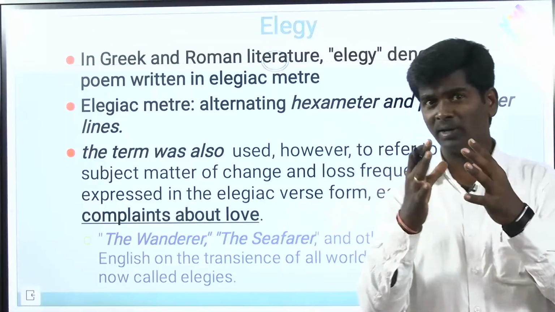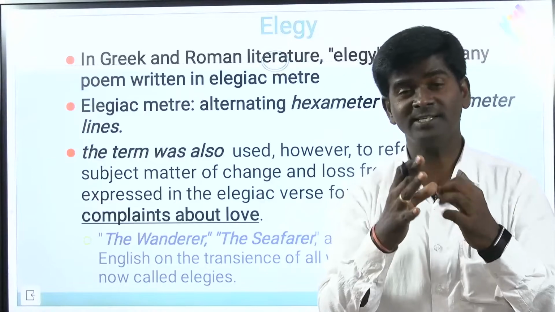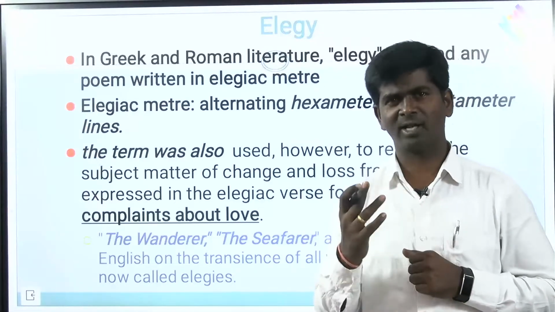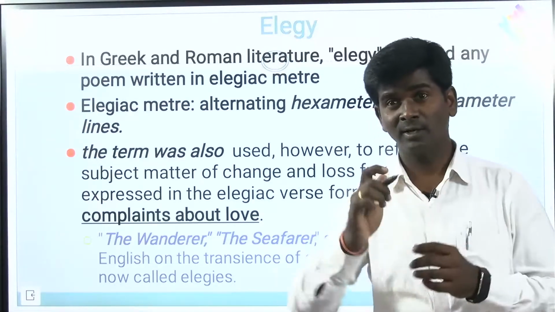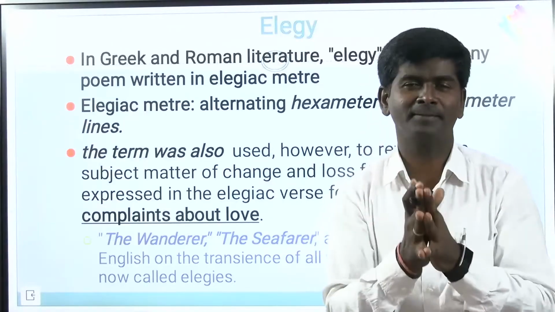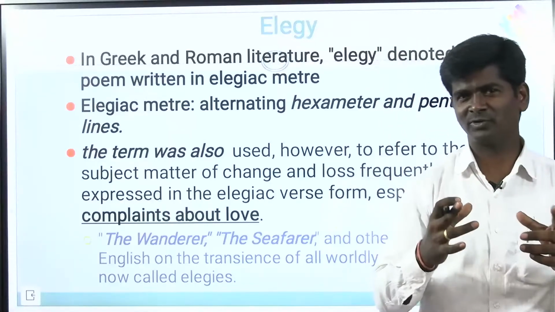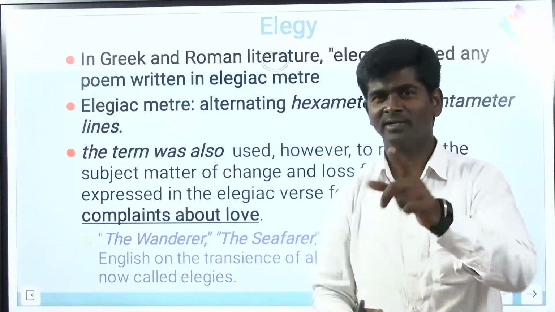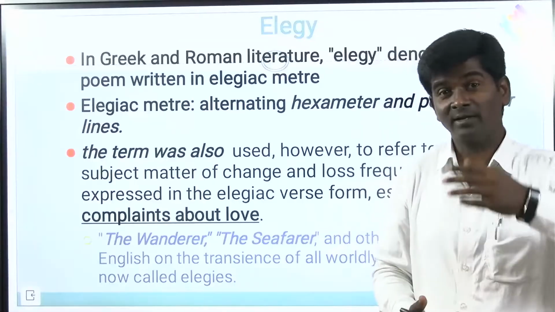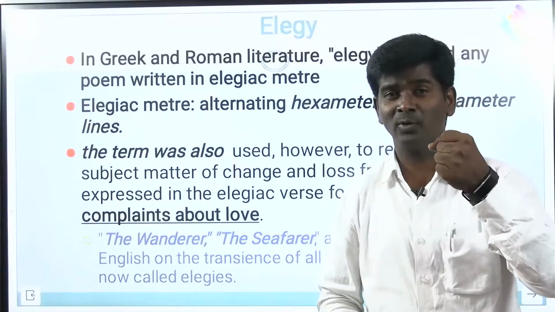Next, who is the popular writer from Germany who wrote a lot of elegies? Rainer Maria Rilke. You will get questions like, which of the following is an elegy written by Geoffrey Chaucer? The Book of the Duchess, written by Geoffrey Chaucer on the death of a friend, my friends. And old English poems like Pearl, The Seafarer, The Wanderer, Deor.